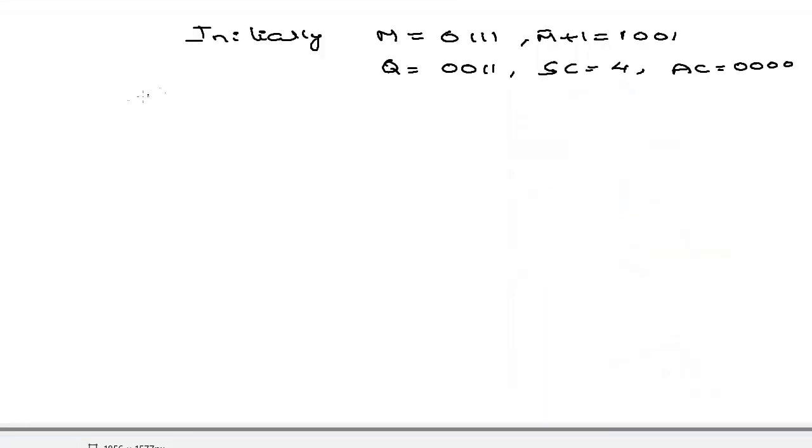Initially we have M equal to 0111, M complement plus 1 equal to 1001, and M is also called the BR register. Q is nothing but the QR register, and we are taking Qn plus 1, which is initialized with 0. This is the initialization operation. Now coming to step 1.